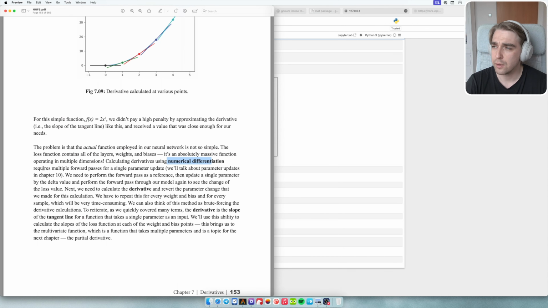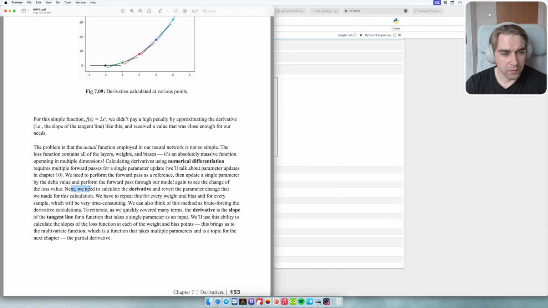So I'm not sure about the multiple, but I guess you need to do it at least 2 times, with the input and with a small change, like we do here, but maybe because we have different inputs, we have to do this several times. We need to perform the forward pass as a reference, then update a single parameter by the delta value, and perform the forward pass through our model again to see the change of the loss value.